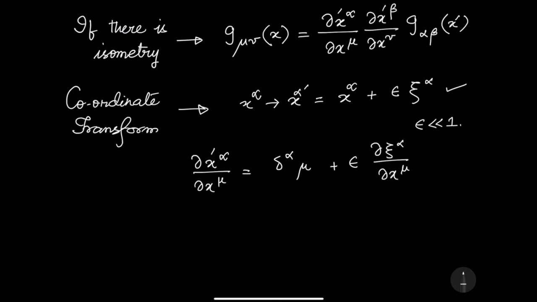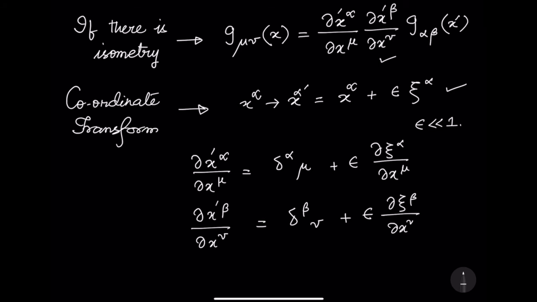Similarly, I can write for this term del x prime beta del x nu, that will be delta beta nu plus epsilon del xi beta del x nu. And the metric now, what I want to do is I want to write this metric in terms of x. So g alpha beta at x prime, I can express this in a Taylor expansion.